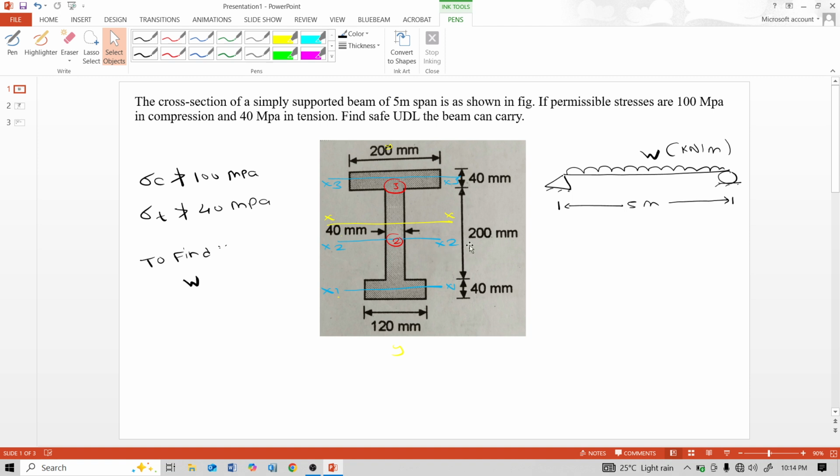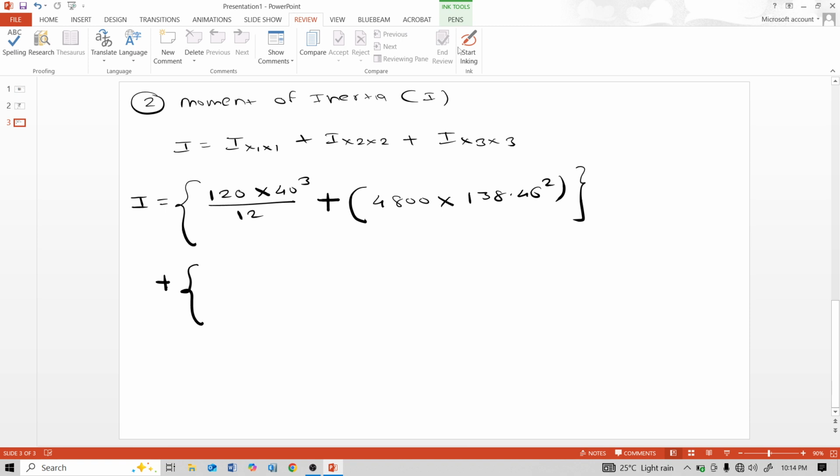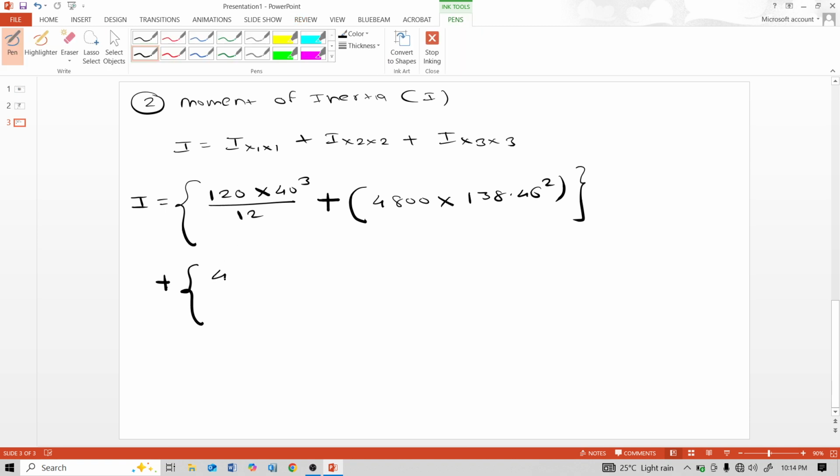40 is multiplied by this 200 cube divided by 12. Multiplied by 200 cube divided by 12.